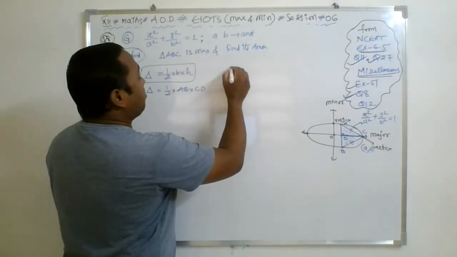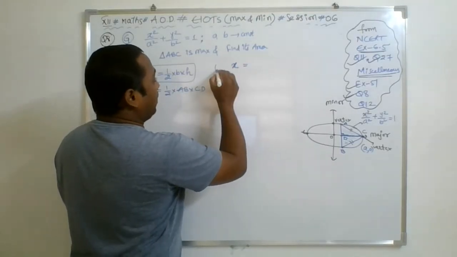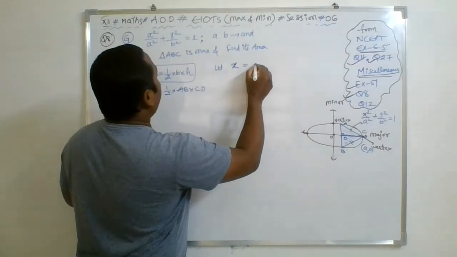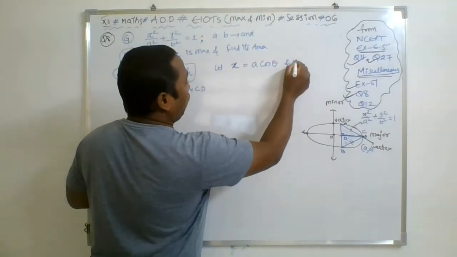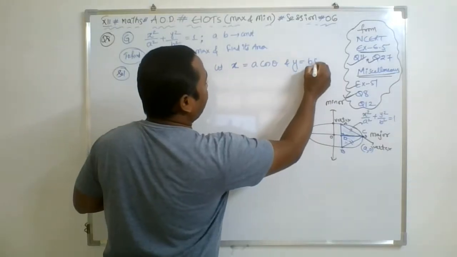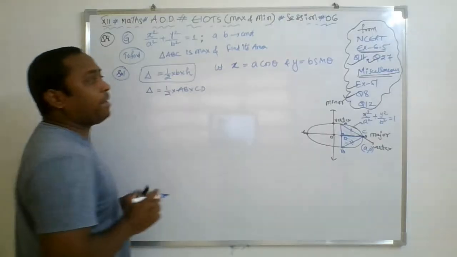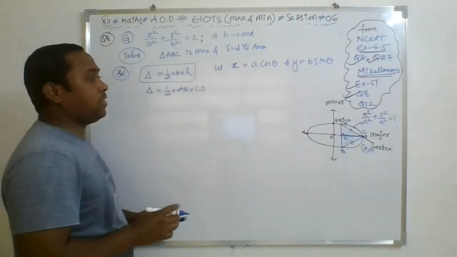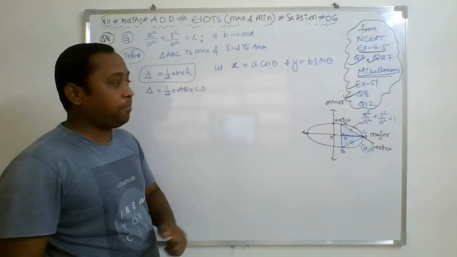Okay, so parametric form means let x be equal to a cos theta and y be equal to b sin theta. These two are called the parametric form of the equations, which always satisfy the ellipse equation.